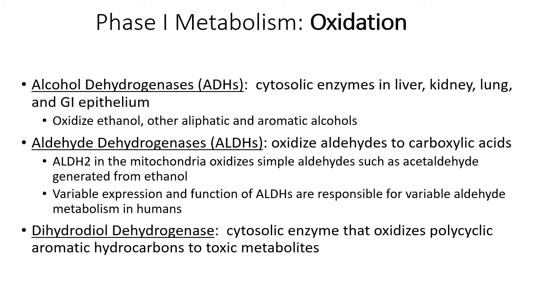They go through alcohol dehydrogenase and aldehyde dehydrogenase, and the first metabolite would typically be an aldehyde, and the second metabolite would be an acid. So ethanol would be acetaldehyde and then acetic acid. Methanol would be formaldehyde and then formic acid. There aren't many drugs that are going to follow these pathways, so I don't want to spend a lot of time on them. Okay, so I'm going to move on.